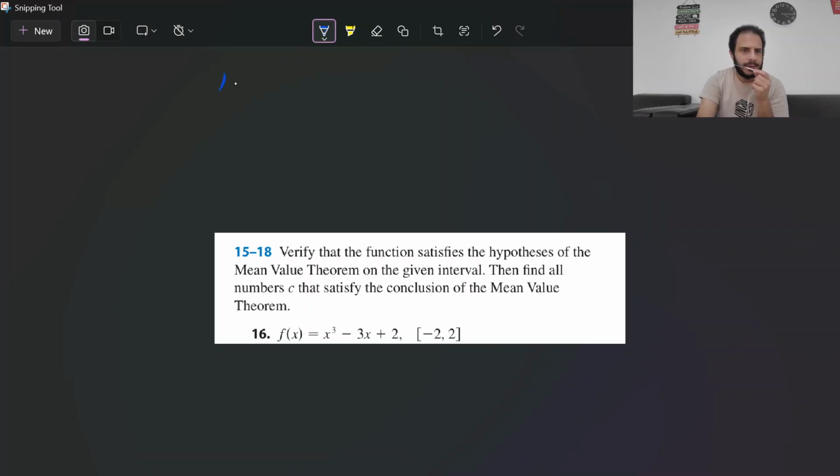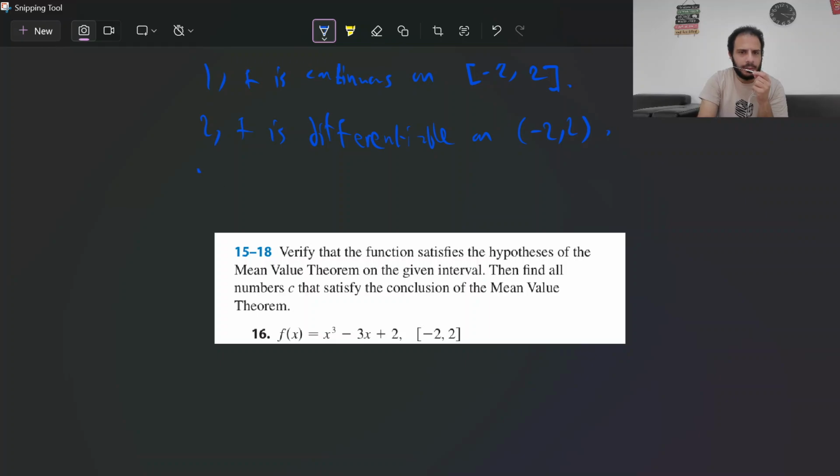Same idea, this function, 1, it's continuous on the closed interval minus 2 to 2. 2, f is differentiable on the open interval minus 2 to 2.